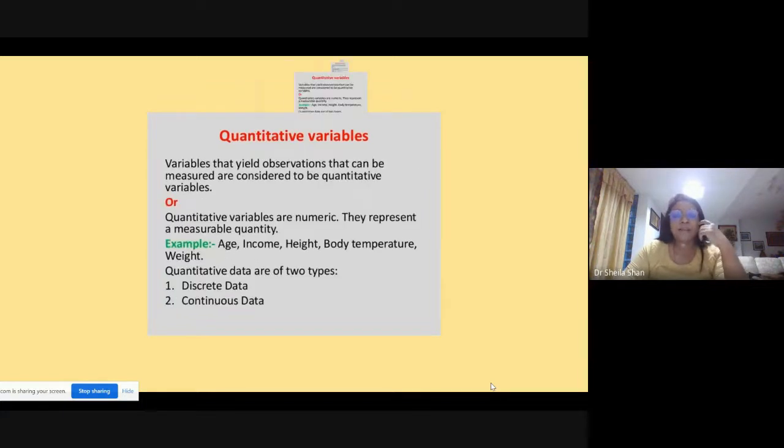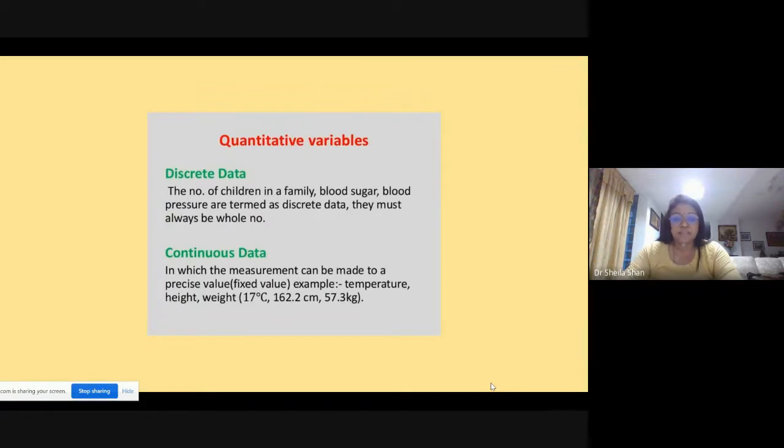Quantitative variables yield observations that can be measured. Normally they are numbers, like age, income, height, body temperature. And quantitative data have two types, discrete data and continuous data.